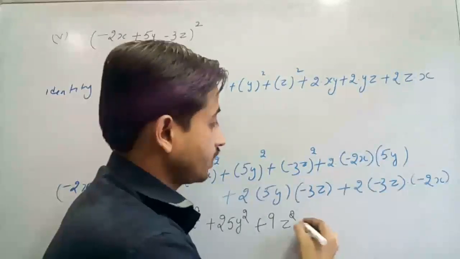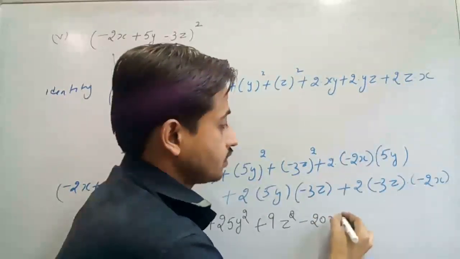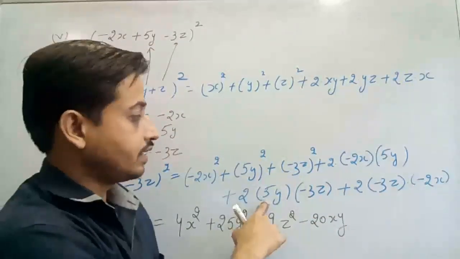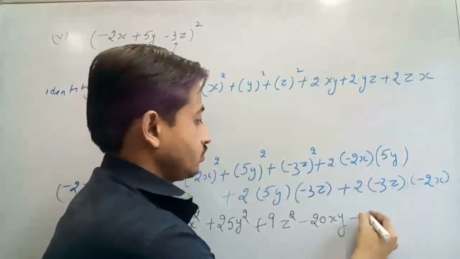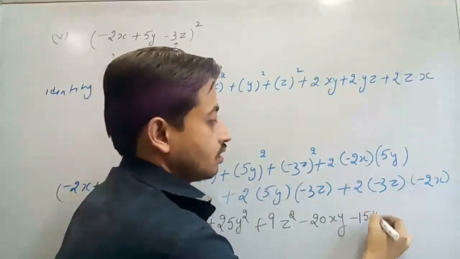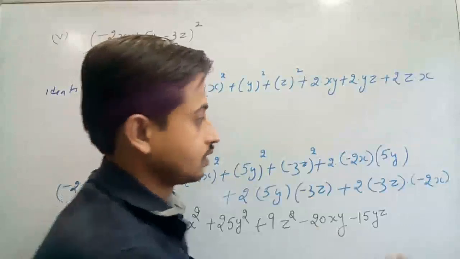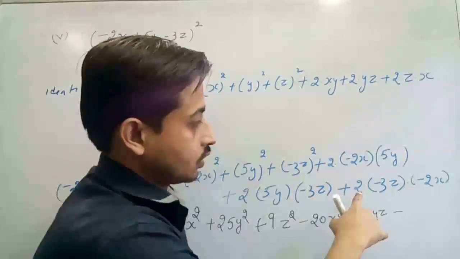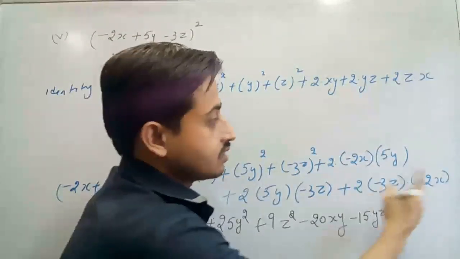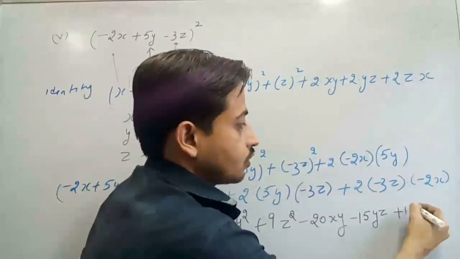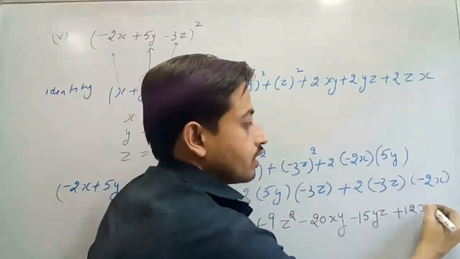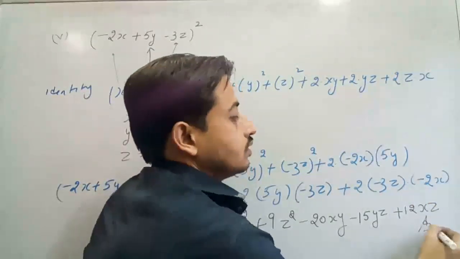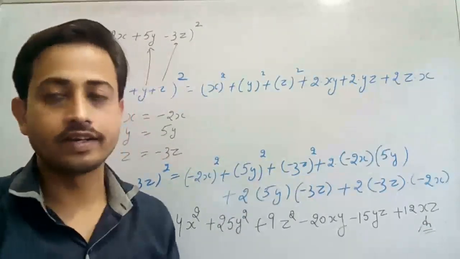Minus 4 into 5, minus 20. 20 xy. 2 into 5, 10. 10 into minus 3, minus 15, yz. Plus 2 into minus 3, minus 6. Minus 6 into minus 2, plus 12. Z into x, or you can write x into z. This is the final answer.